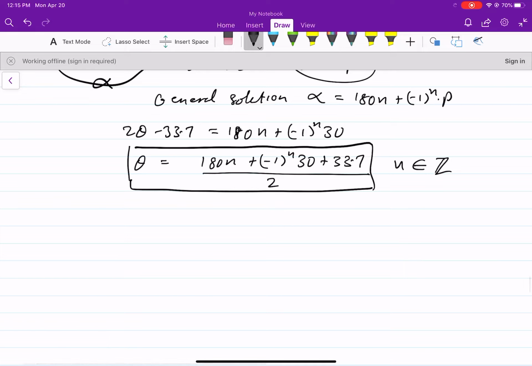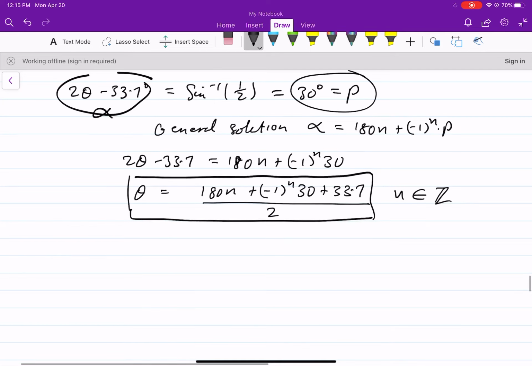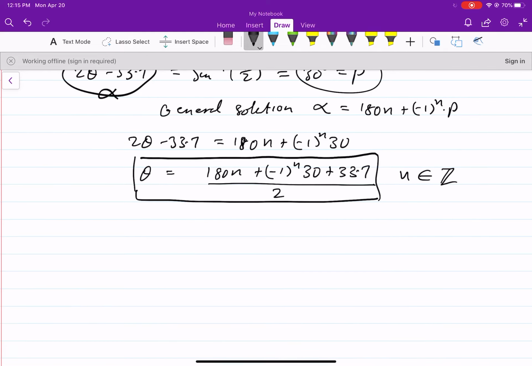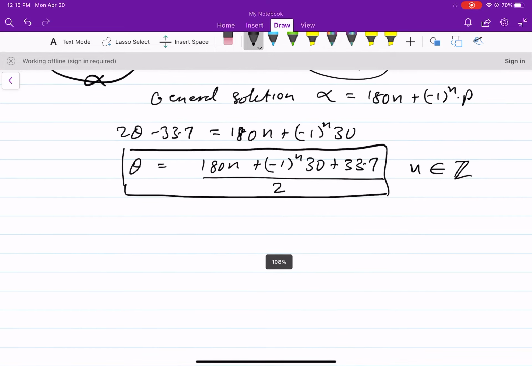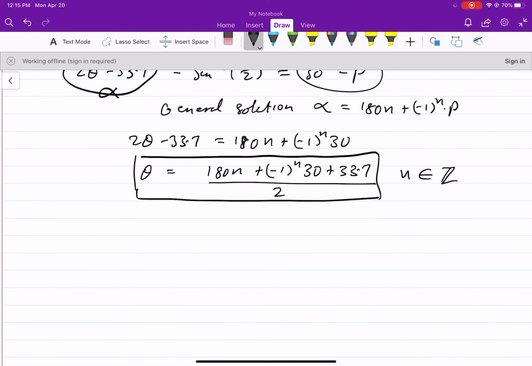Okay, what are we going to start with? N equals 0. Is this plus 33.7? Yes. When n is equal to 0, theta will be equal to, that goes to 0, that part, minus 1 to the 0.